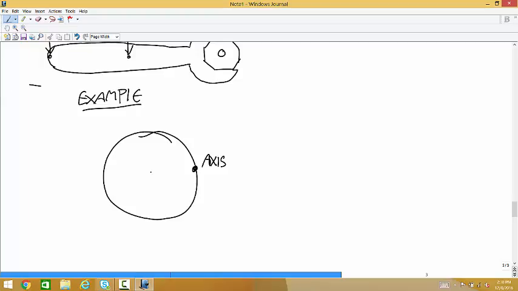And let's say that there's a force applied at the center this way. Let's say the force is 10 newtons, and the radius of this circle is 0.2 meters. What's the moment about that axis applied by that 10 newton force?